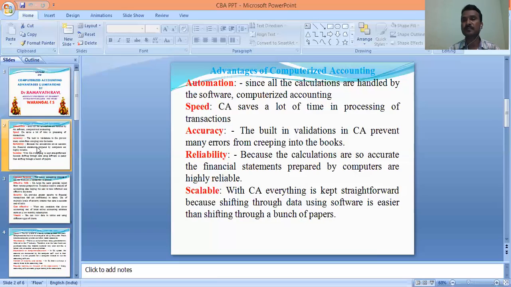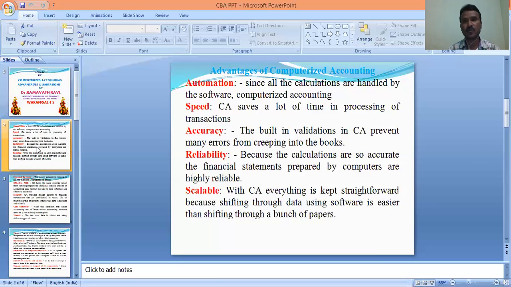And scalable. With computerized accounting, everything is kept straightforward, because sifting through data using software is easier than sifting through a bunch of papers. We do not need to use paperwork in computerized accounting.